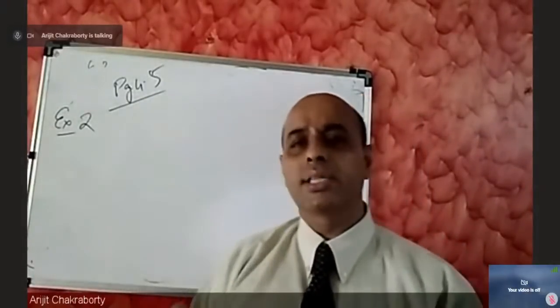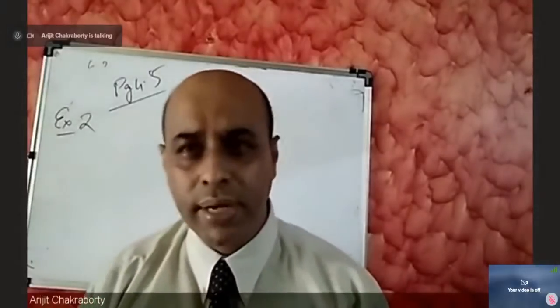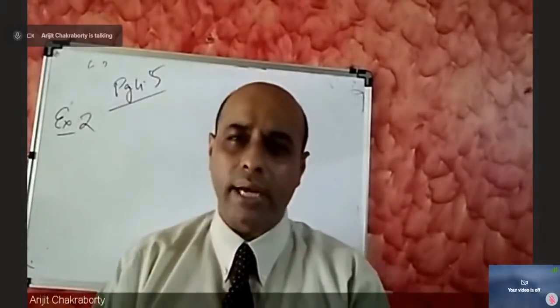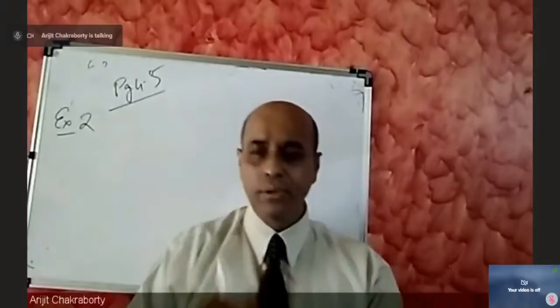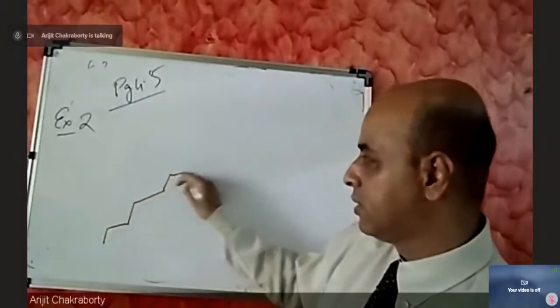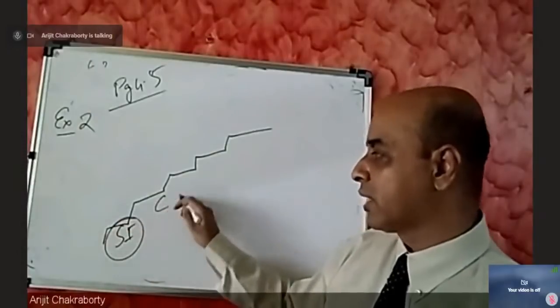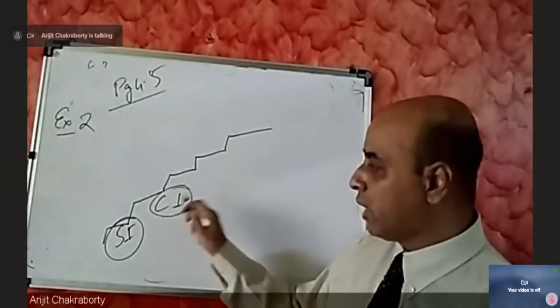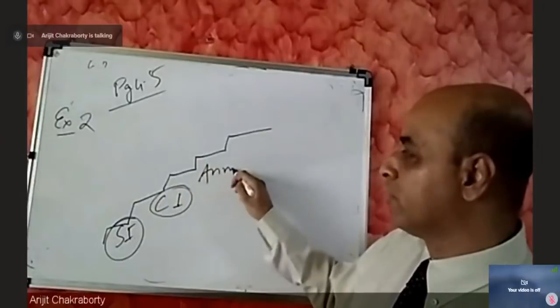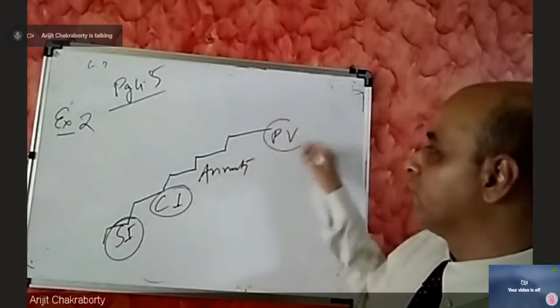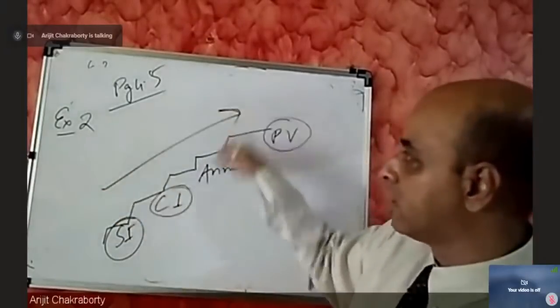The first part is quite easy. If you understand simple interest, you will easily understand compound interest, like going up a staircase. If you understand compound interest, you will understand annuity and from there, present value. So it goes like this.